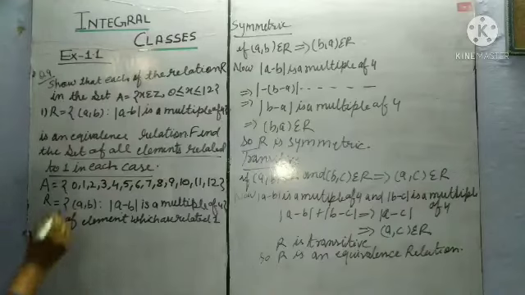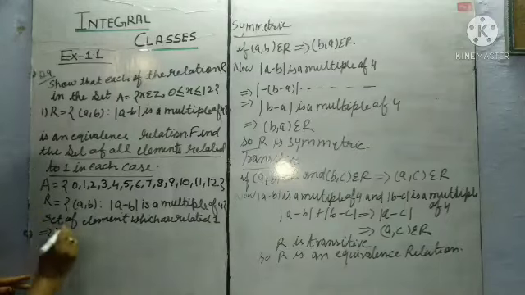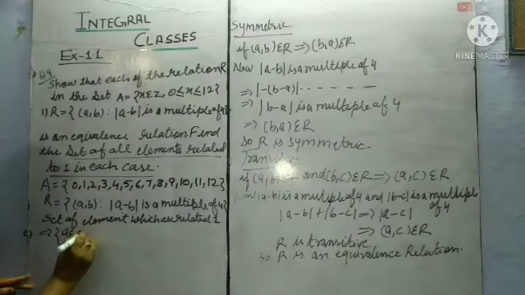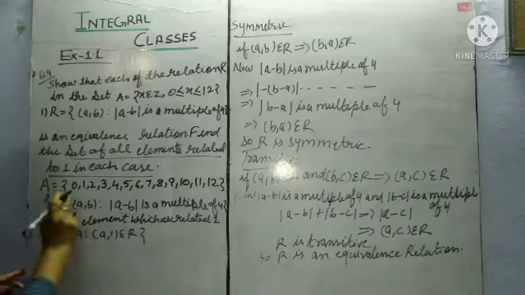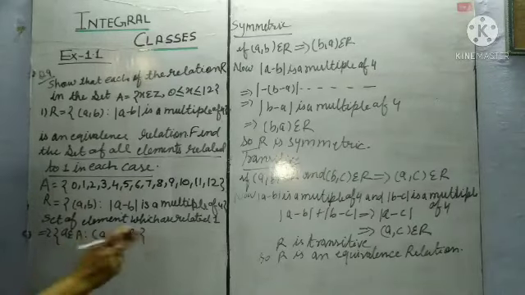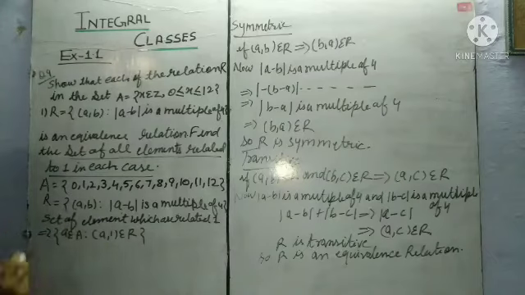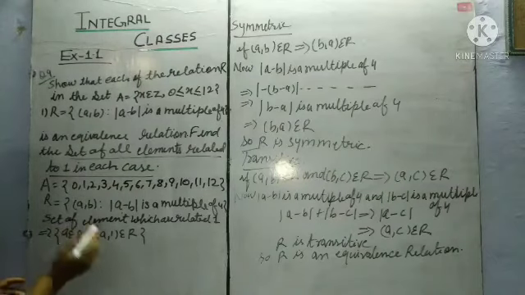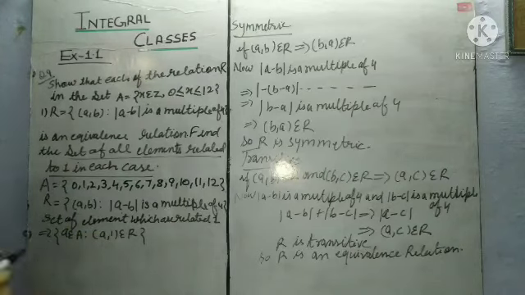Now second is the set of elements which are related to 1. So it implies that if A is an element of the set A, then (A, 1) belongs to R. It means which elements we will select from set A, they are multiples of 4. So as we observe here, if we take 1 minus 1, 0, so it is a multiple of 4. Now second, 2 minus 1, we will get 1.